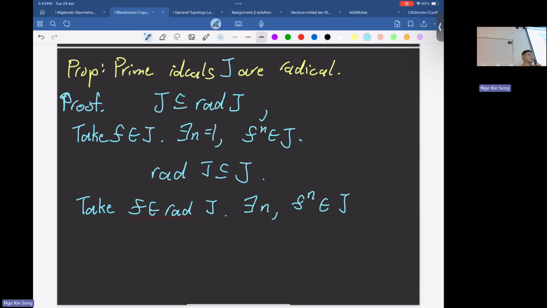If you split it as a product of two things, one of the things must live inside J. But fn, how to split? Depends on you. I don't care how you split. You could split fn as f to the n minus m times fm also. Either one of them must be there. But if you split until the end, you sure will get f1.